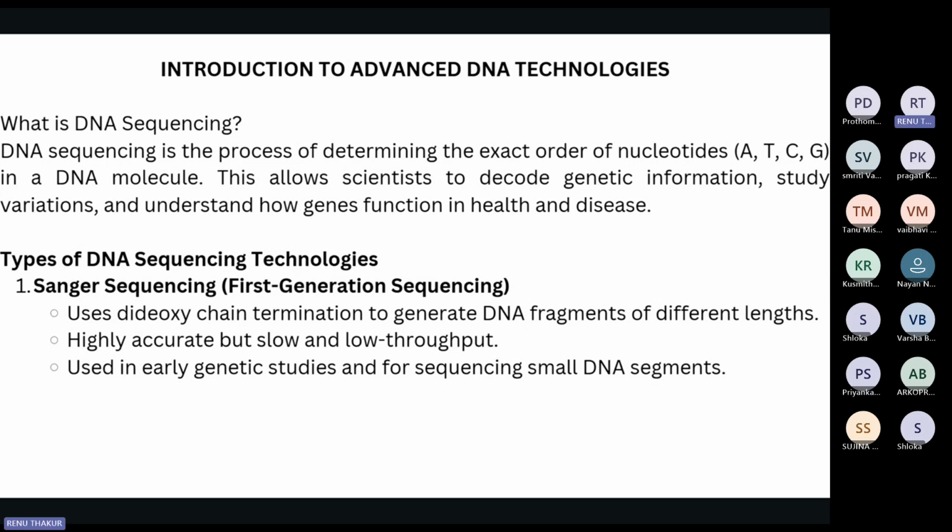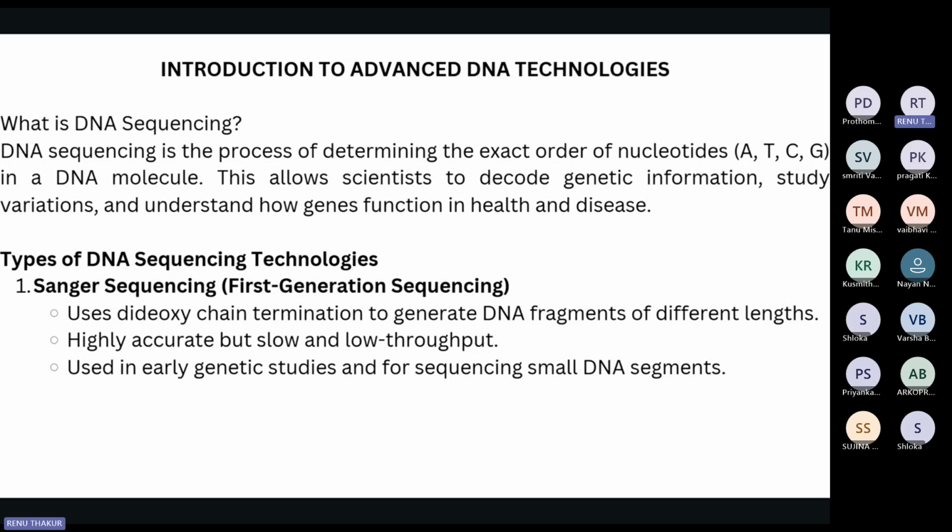As I was talking about Sanger sequencing, this was the major technology used in the Human Genome Project. It was a first generation method. It was very slow, expensive, and it was used in the HGP project. So this was the sequencing technology used first.